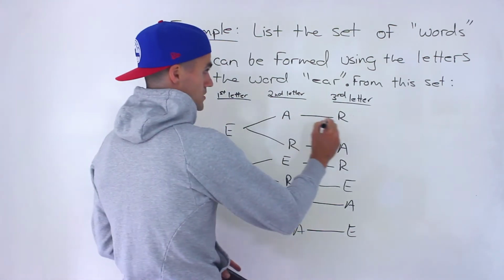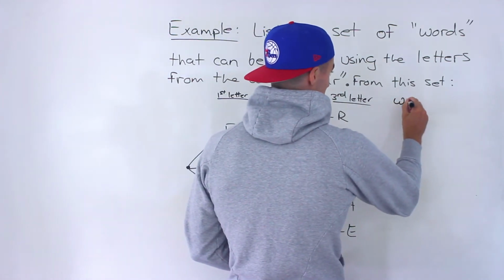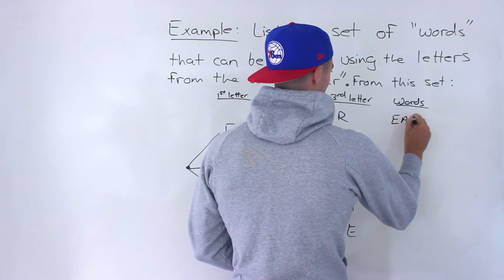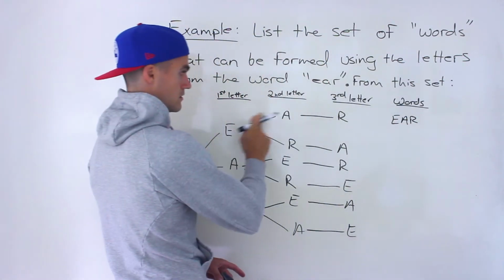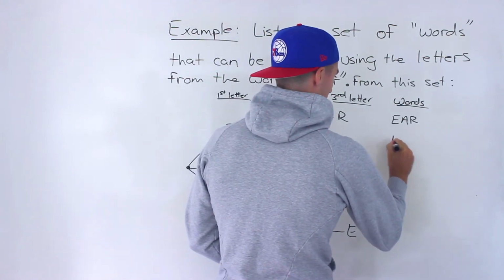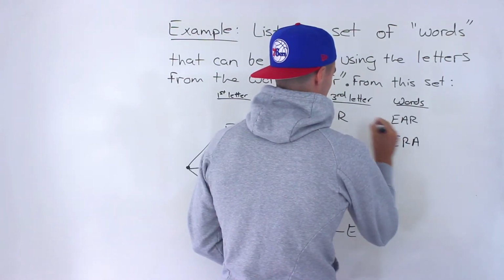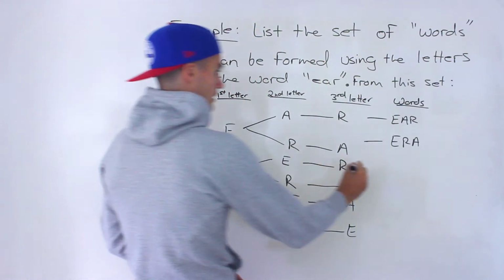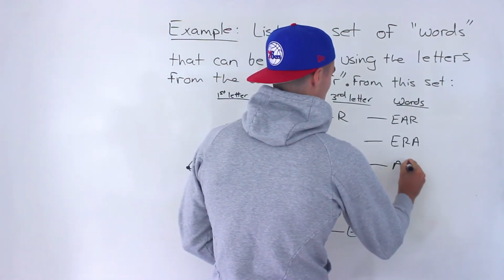And so we can write out these words. So the actual words, let's make the list over here. So we'd have ear, right? Then we'd have E-R-A, era, which is an actual word as well. So let me put another sort of branch there. Then we'll have A-E-R.